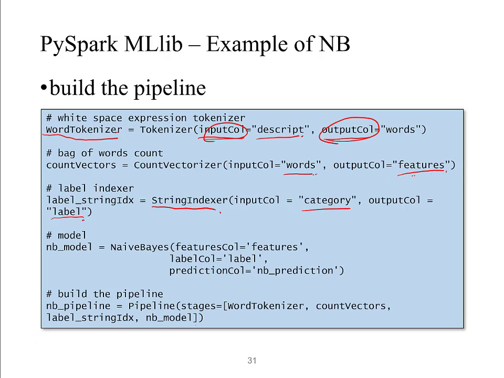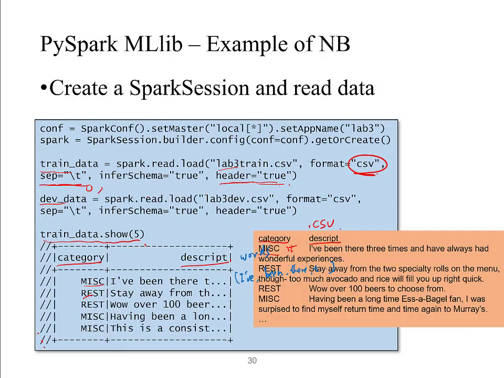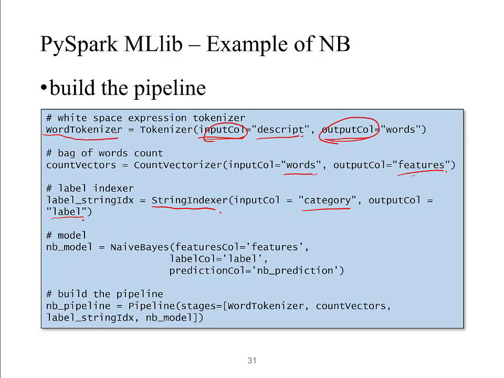using this transformer, it will generate a new column called label, and the value would be, for example, 1.0 for the first, fourth, and fifth row, and 0.0 for the remaining two rows.